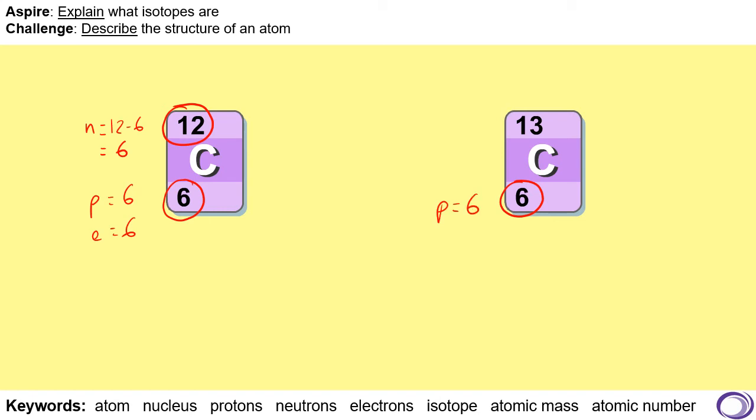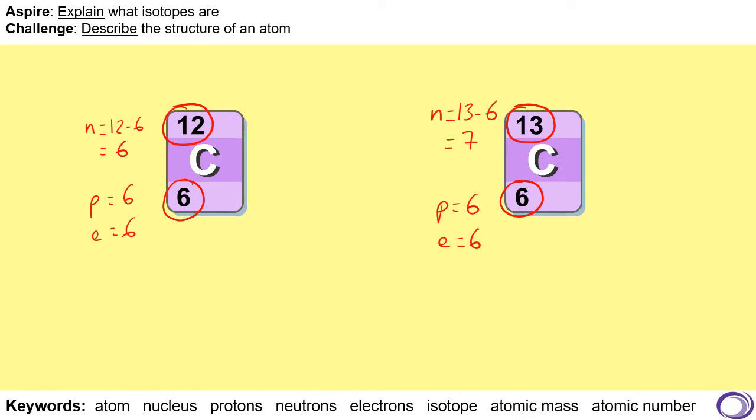So the number of protons is still 6 and it will still have 6 electrons. But this time the mass number is 13. Okay, so it's one more than the 12, which was the mass number of the carbon on the left-hand side. So this tells us that our number of neutrons is going to be different. And in this case, the number of neutrons is 13 take away 6, which is 7.